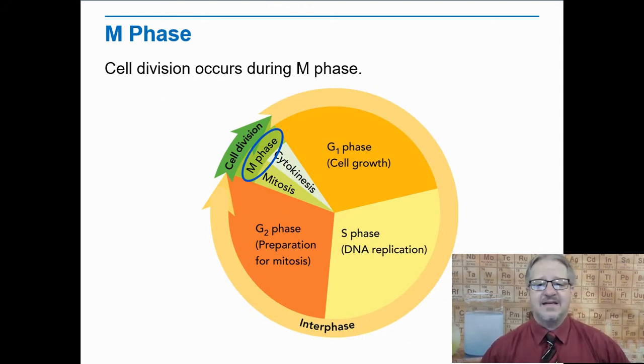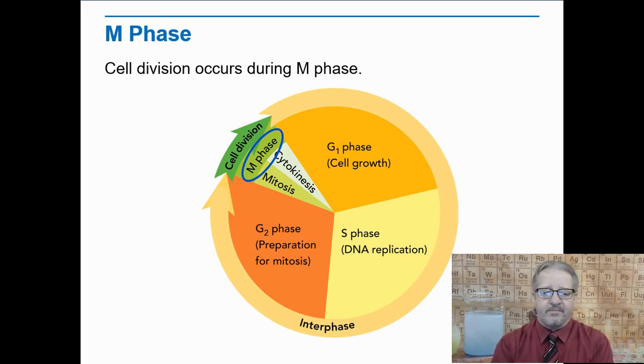Now, the M phase is also broken up into 2 stages. Okay. Now, the M phase is usually a lot shorter than interphase, and it is the M phase that causes the cell to split into 2 new daughter cells. So the first step of M phase is mitosis.